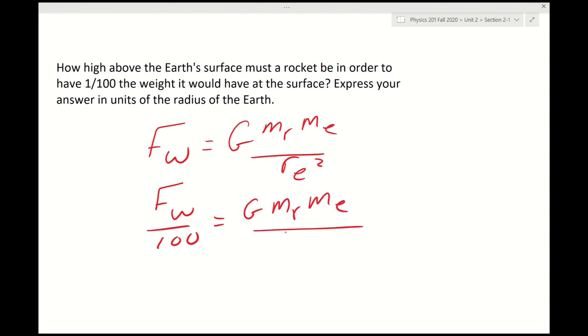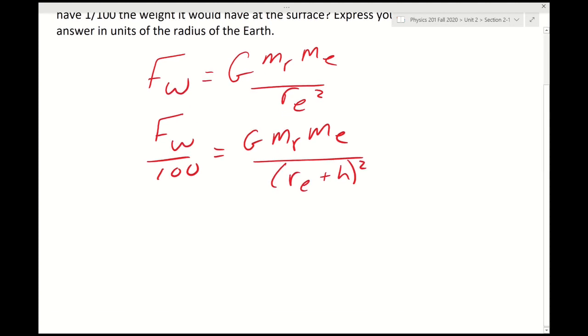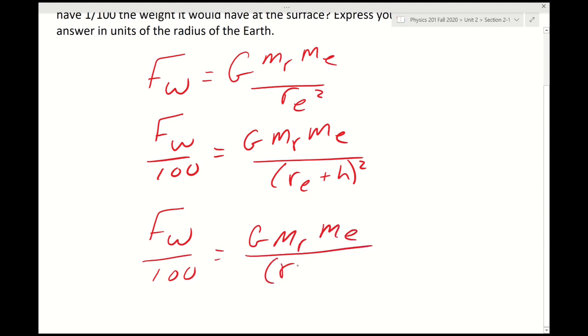I can now solve. Actually, it would probably have been easier just to have left this as the radius of the Earth plus the height squared is equal to 100 big G, mass of the rocket, mass of the Earth over the weight of the rocket.